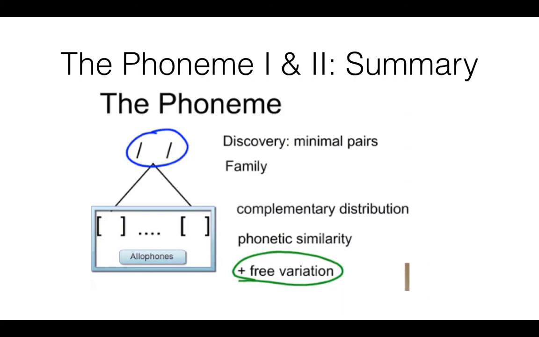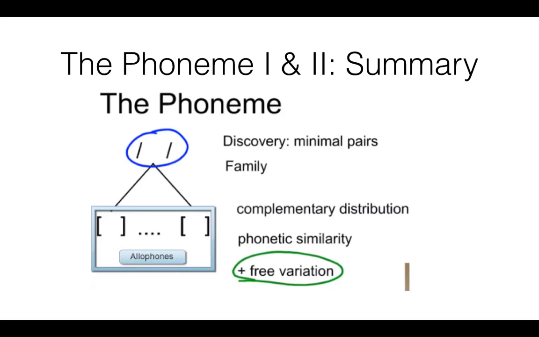But then, what is the difference between the two? Minimal pairs, you have a difference in meaning. But in free variation, no difference in meaning. Carrier, carrier. Now, this is how you can differentiate the criteria for determining phonemes.